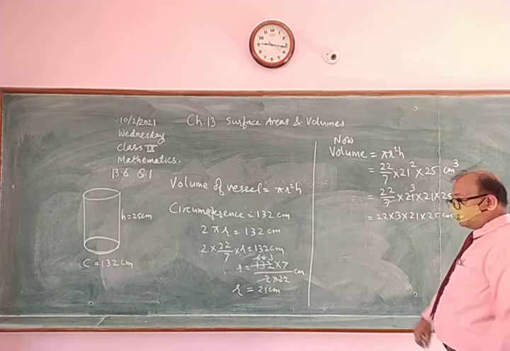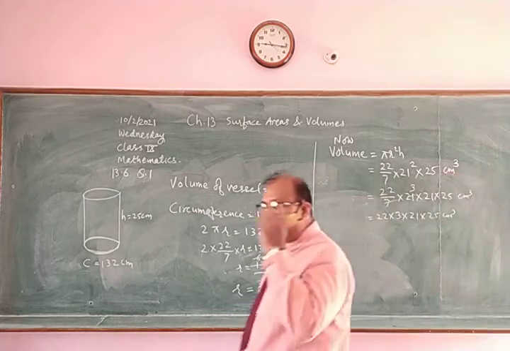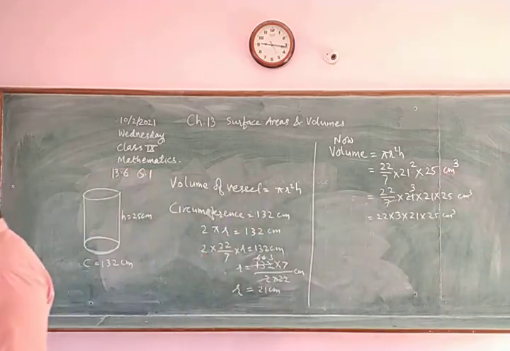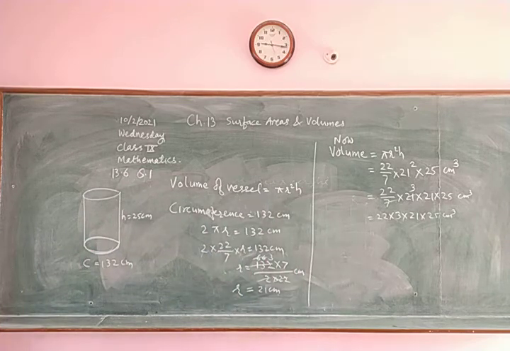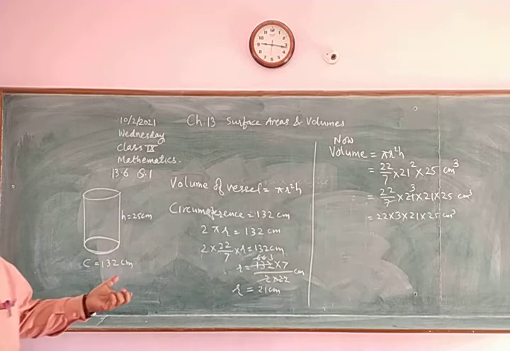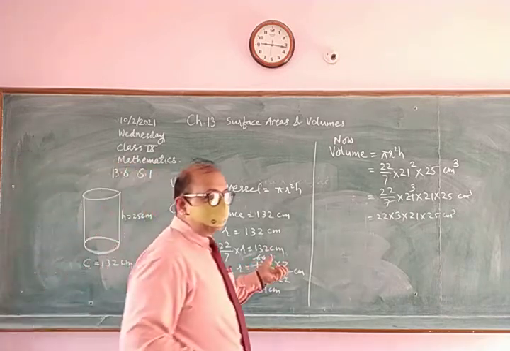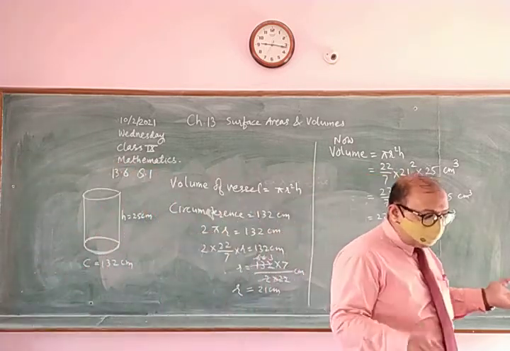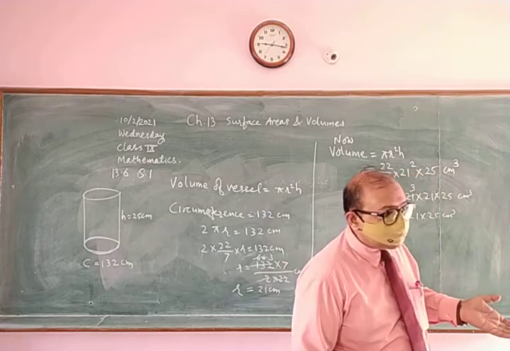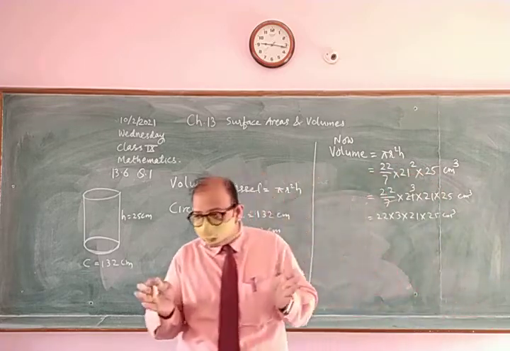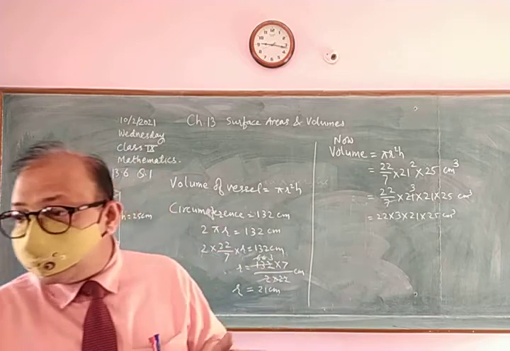So the answer is 34,650. Now we know that 1000 cubic centimeter is equal to 1 liter. The question is to find how much water it can hold in liters.